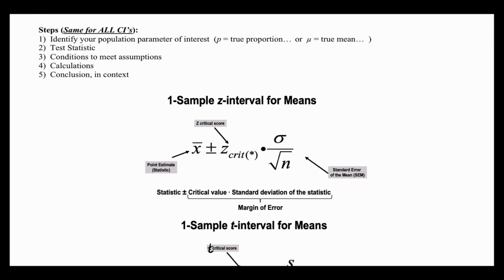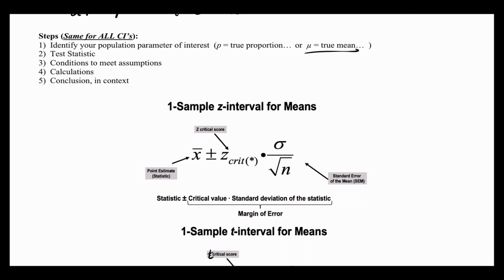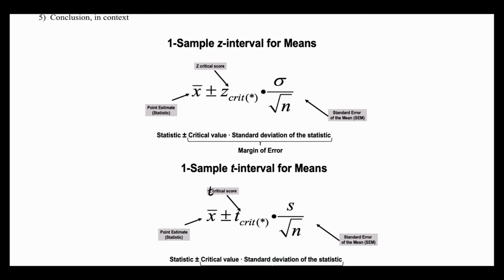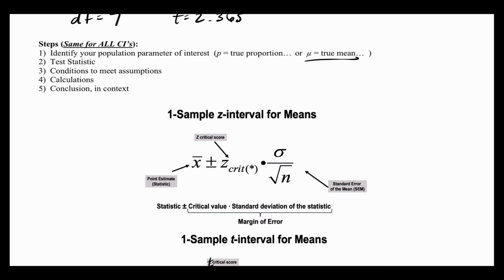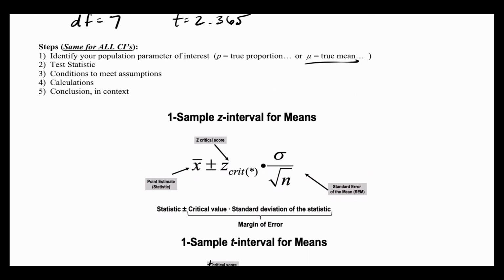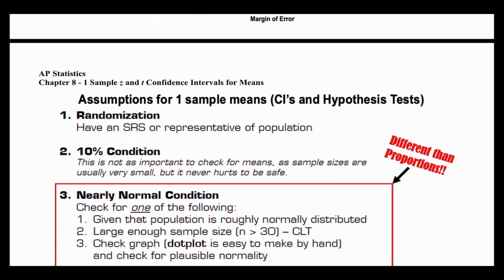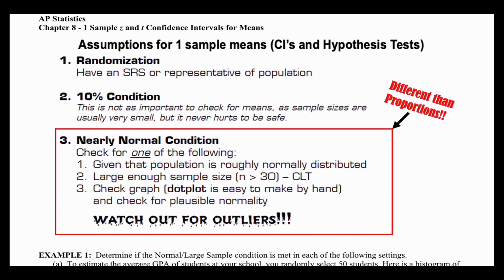It's got 5 parts, same 5 parts. Identify population parameter of interest. In this section, we're going to have that because we're dealing with means. The true mean, whatever it is. Test statistic, one of these two guys, depending on whether it's Z or T. Conditions. Remember, first 2 conditions are the same as proportions. The third condition is different. It's not n times p is greater than or equal to 1 or 10, n times 1 minus p is greater than or equal to 1 or 10.